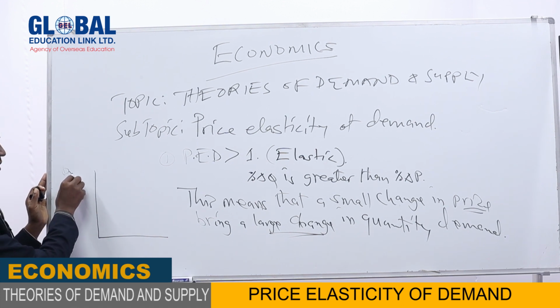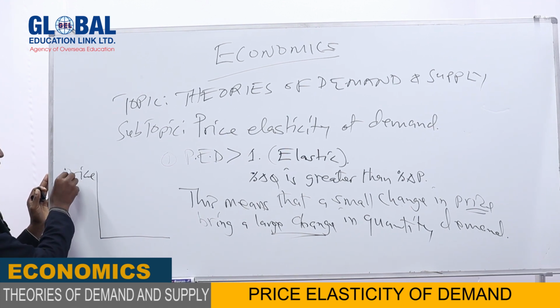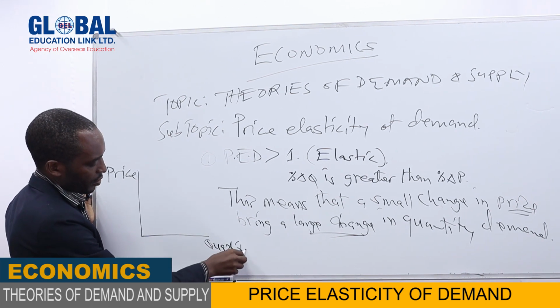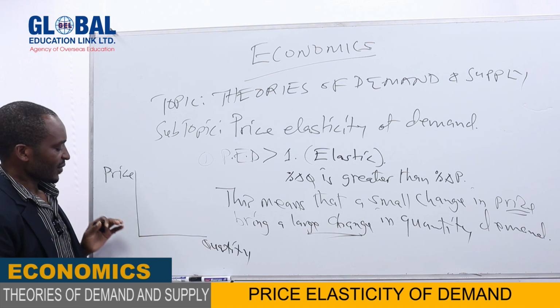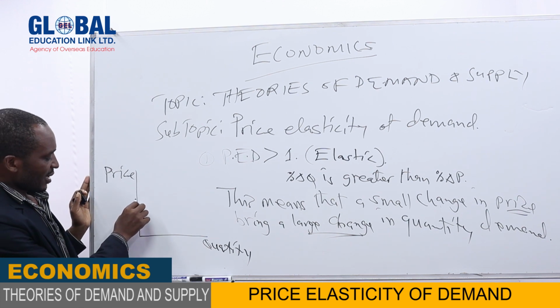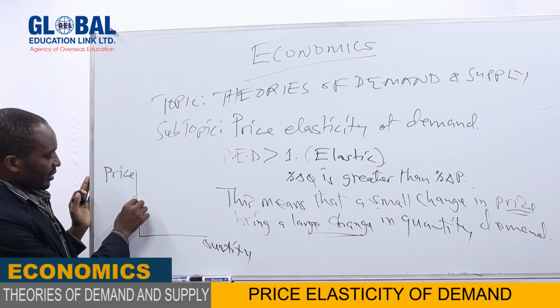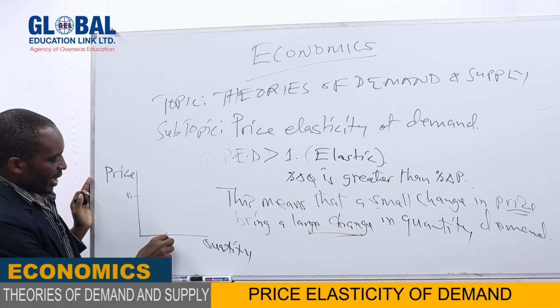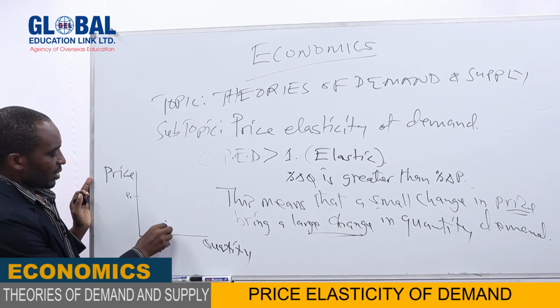Here is price, and here is quantity. Now, as I said, assume the price is at P naught and the quantity is Q naught.